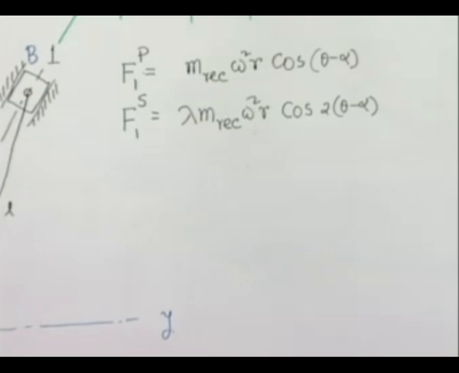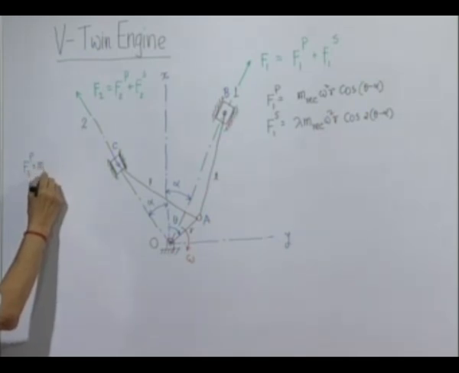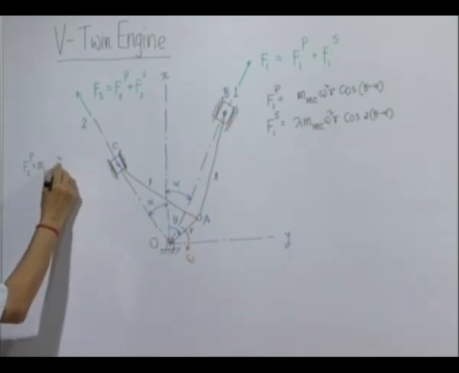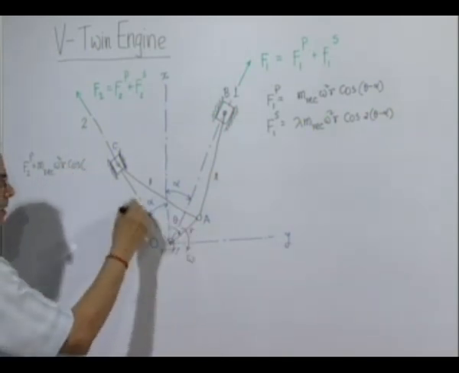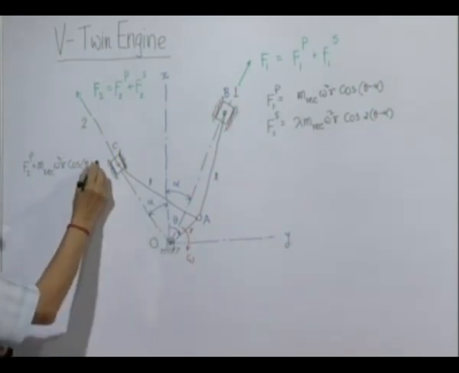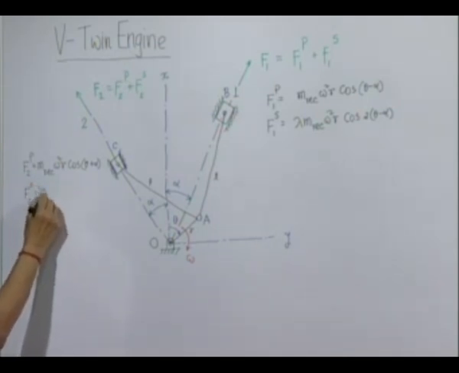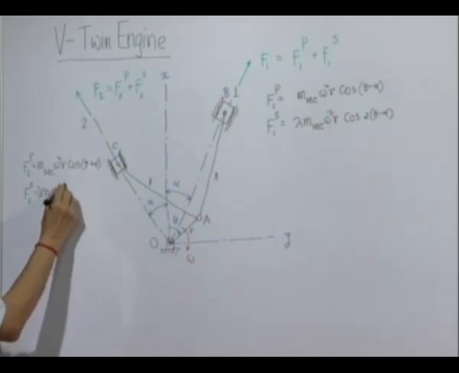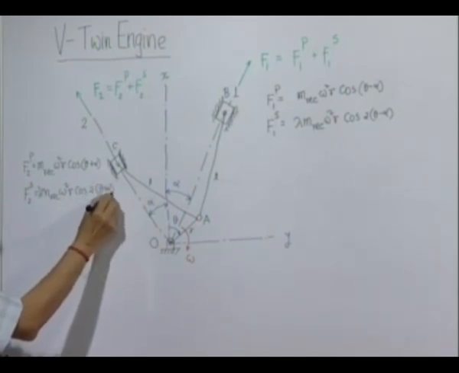Similarly, here F2 primary will be along this, magnitude at this instant will be the same, and the angle made by the crank from the center line is theta plus alpha, and the secondary one likewise.